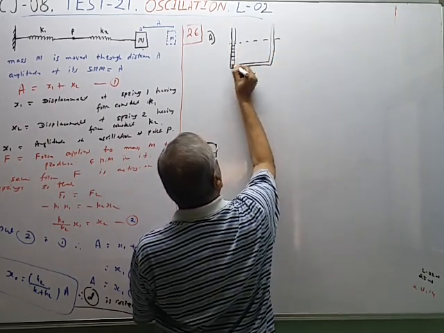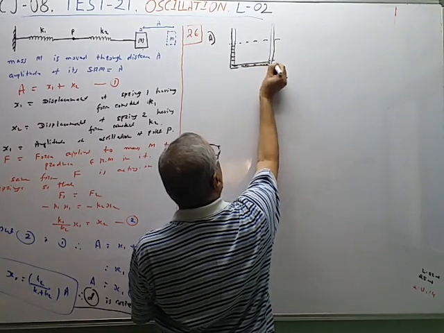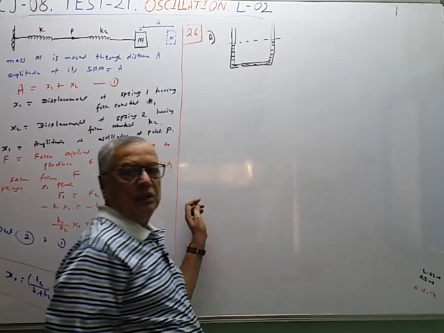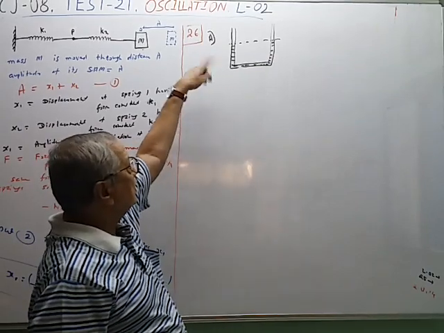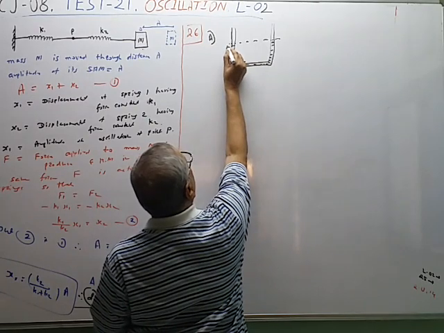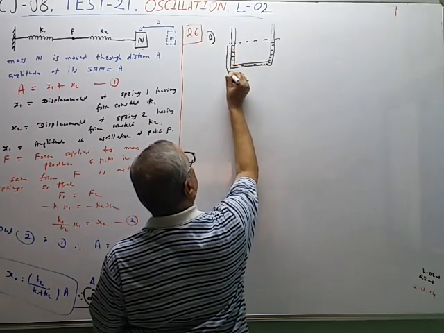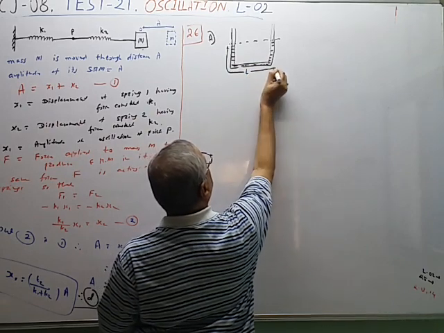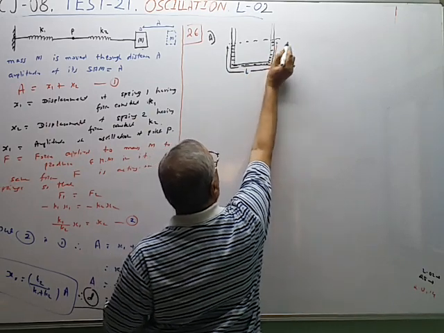So this is the level. When the pressure is applied to one of the levels, the liquid in the two arms will oscillate. So this total distance is taken as L, total length of the liquid column.